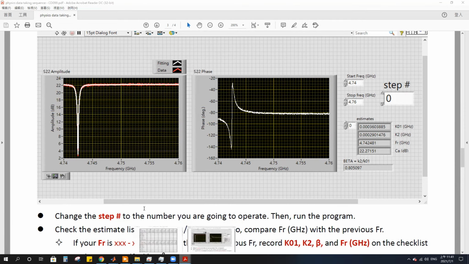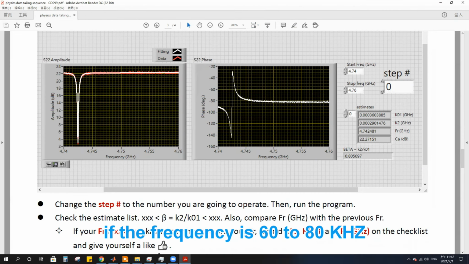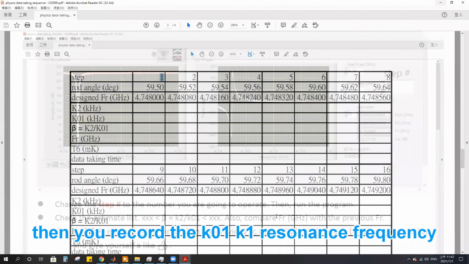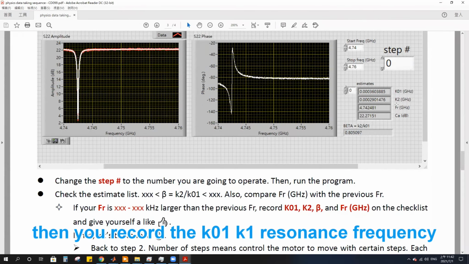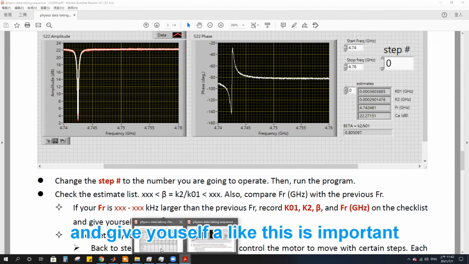So you go back to this checklist. The previous people should record the resonant frequency here. Once you get the parameters here, if the frequency is 60 to 80 kilohertz larger than the previous record, then you record the K01, K2, and resonant frequency on the checklist and give yourself a like.